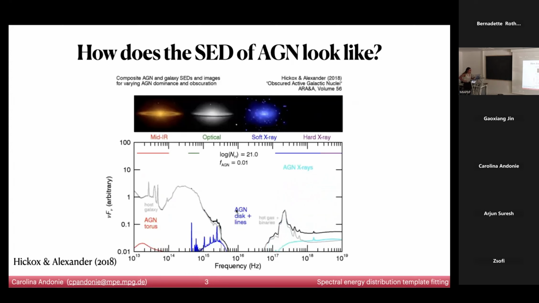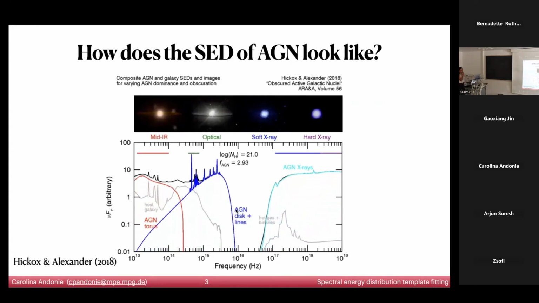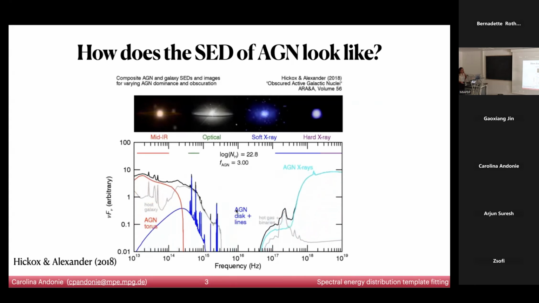I cannot press pause, but the thing is that the AGN emits in all wavelengths. Of course, it emits strongly in the X-ray band, in the soft X-ray band, optical, and mid-infrared. In the optical, we are mostly seeing the emission coming from the accretion disk, and in the mid-infrared, we are mostly seeing the emission coming from the dusty source.